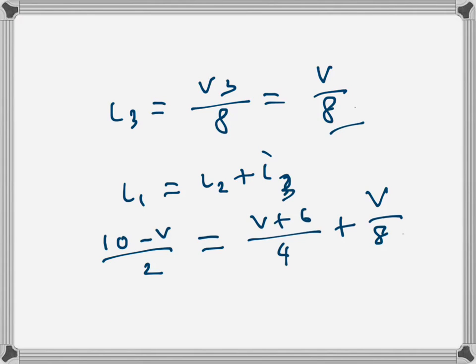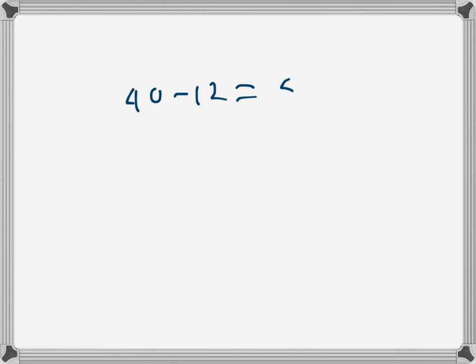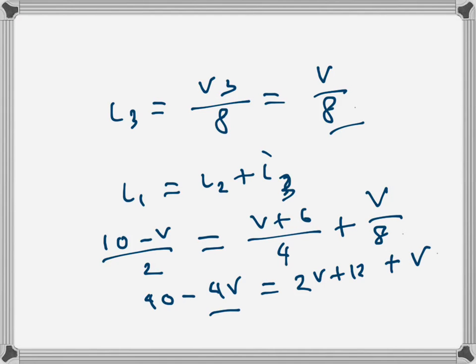So I will multiply both sides by 8 and I will get 40 minus 4V, and this one will be 2V plus 12 and this one will be just V. If we rearrange it, we get 40 minus 12 on the left hand side, and on the right hand side we get 4V plus 2V plus V. So basically I have taken this on that side and this on that side.